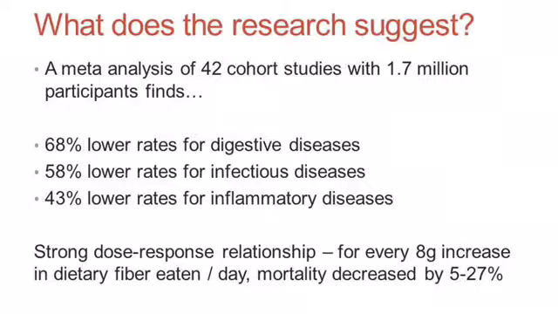And of course, 43% lower rates for a variety of different inflammatory conditions. And as I pointed out earlier, there was also a strong dose-response relationship. So the more fiber we get, the better health results we get from that fiber.